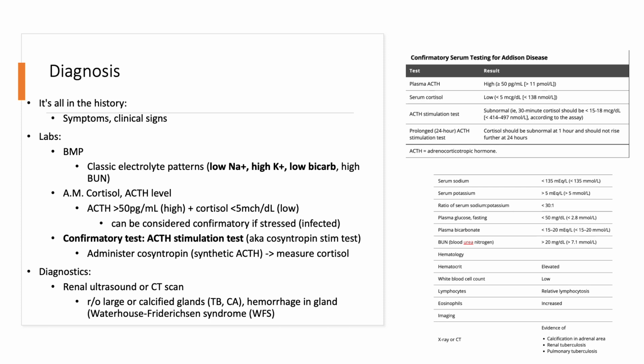Those will show up as calcifications. So we'll run a CT scan, make sure you're not finding cancer. If it's an acute presentation, you want to rule out a hemorrhage, okay, because that can cause an acute presentation.